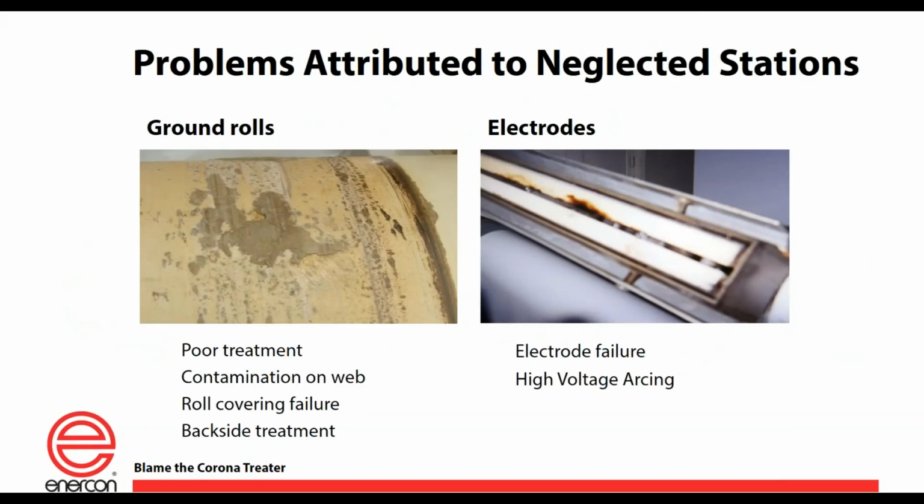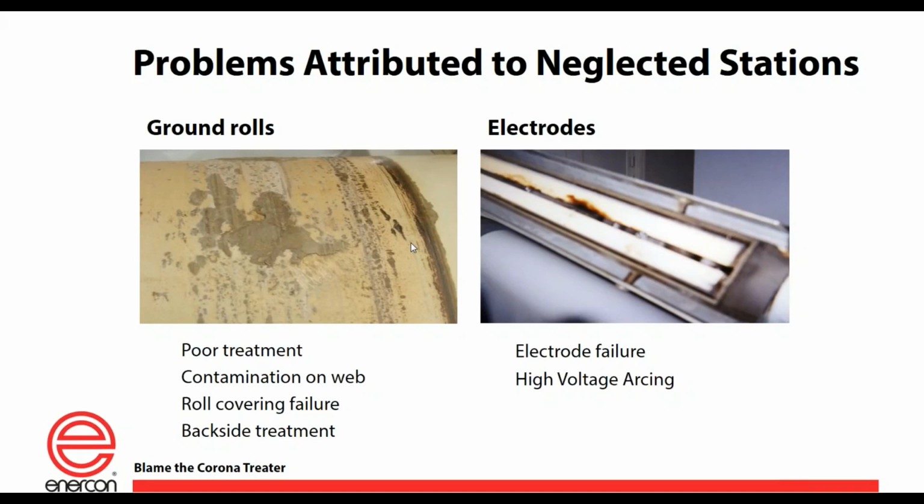Thank you, Tom. Here are a few visual examples of problems with neglected stations. So again, something pretty simple. Light maintenance would likely have caught these issues earlier in the process. But you can see the ground roll is pretty dirty, pretty damaged. Again, it's going to give you poor treatment, possibly roll covering failures.